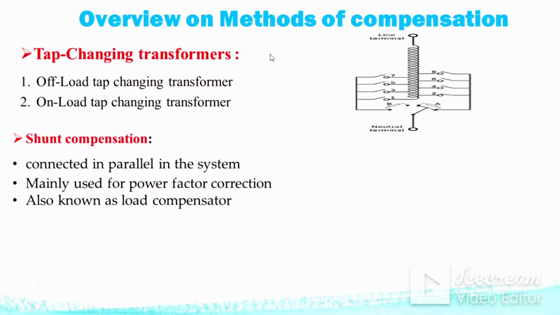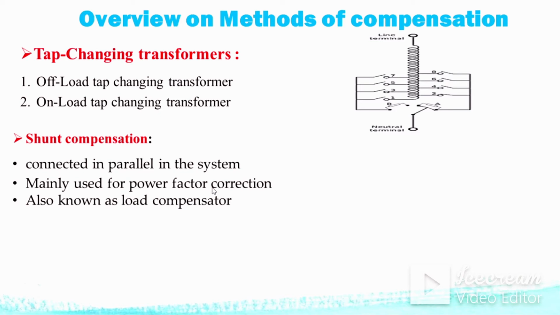Next one is the shunt compensation. In shunt compensation, the meaning of shunt is connecting in parallel. Now we have two compensating equipment, that is reactors and capacitors, or inductors and capacitors. In shunt compensation, these inductors and capacitors are connected in parallel to the device where we want to compensate for the reactive power. They are mainly used for power factor correction.